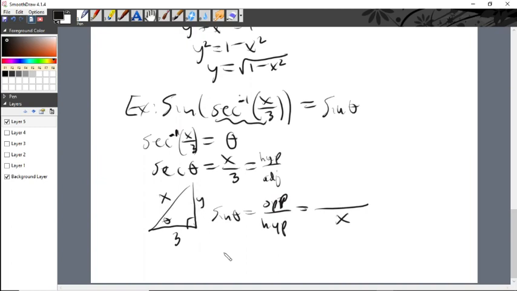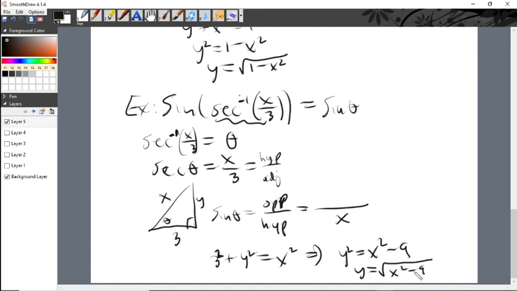Let's call that y for right now. Solve for y. 3 squared plus y squared is equal to x squared. So y squared is equal to x squared minus 9, and hence y is equal to the principal square root of x squared minus 9. So the opposite side is the square root of x squared minus 9.